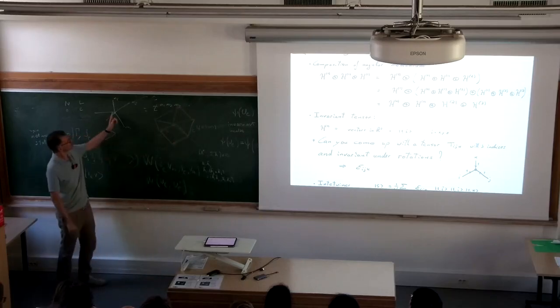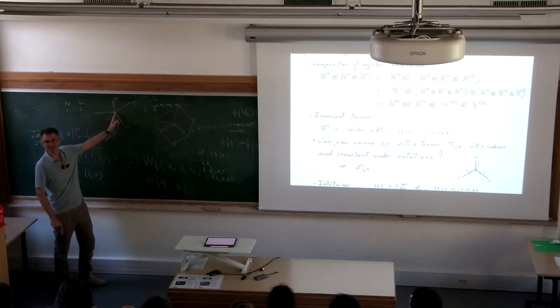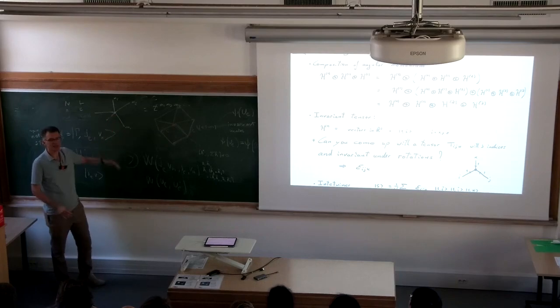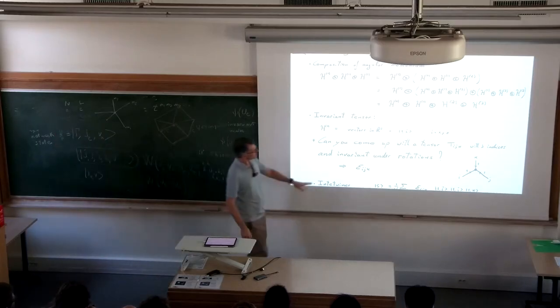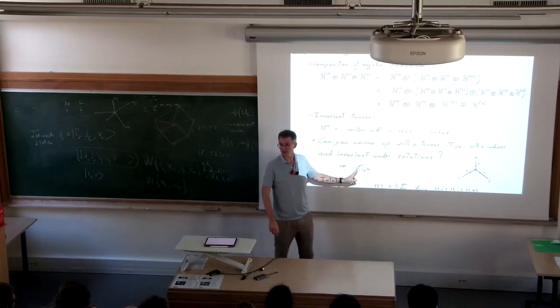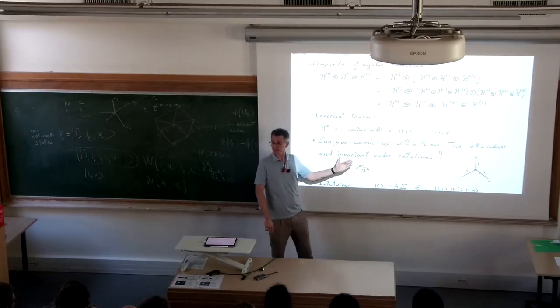And so what I'm asking is, can you write a tensor that transforms in the correct way? And also, how many of them are there? I want really a Hilbert space of these tensors. And so, yeah, I'm saying there's just one, epsilon ijk. I still have to convince you that there's just one. This is an example.